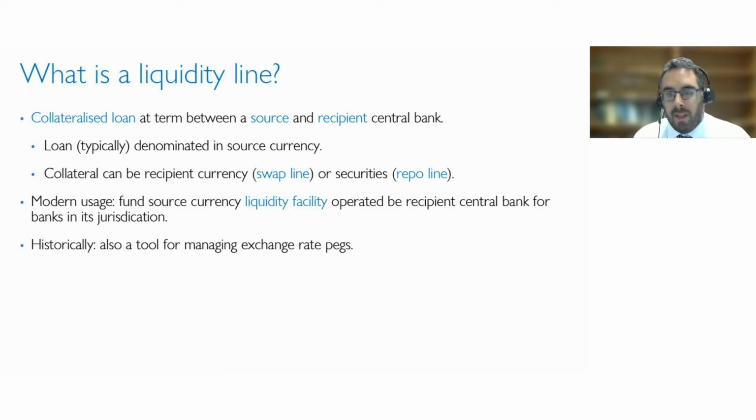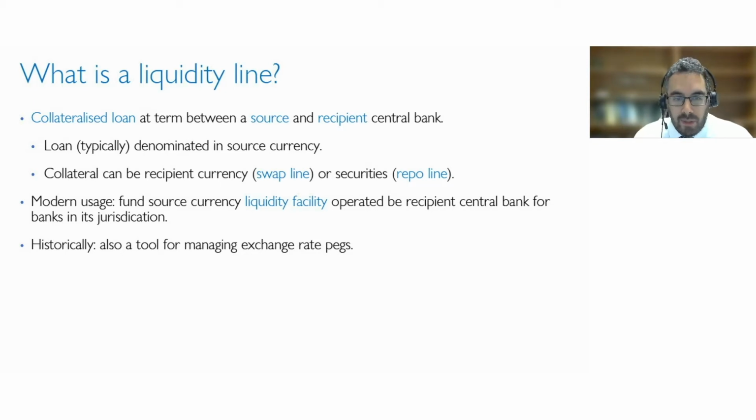Or it can be backed by some securities that the recipient bank can pledge in FX reserves, in which case it will be called a repo line instead. We see that with, say, the Federal Reserve's FIMA facility or the ECB's EUREP facility. They are repo lines, not swap lines, although functionally they end up being very similar things.